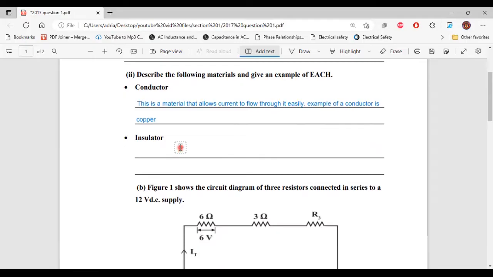The next material is an insulator. And this is a material that does not allow current to flow through it.